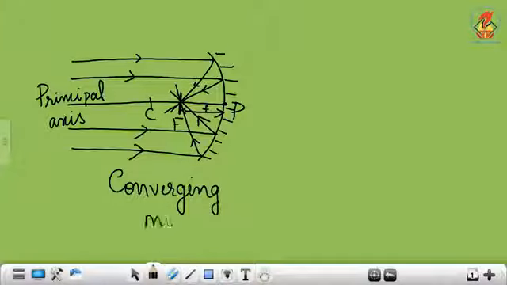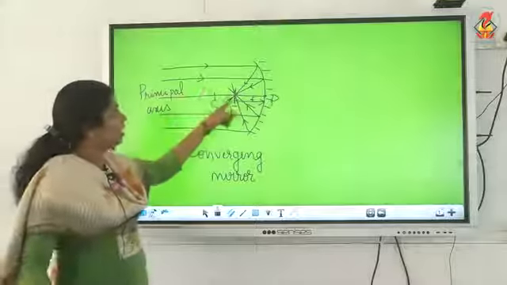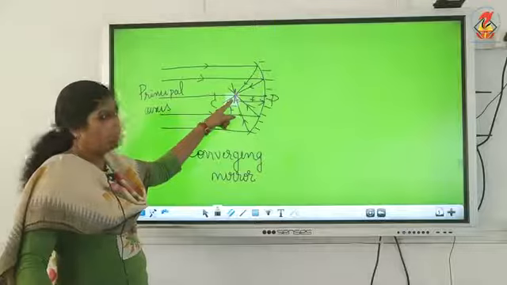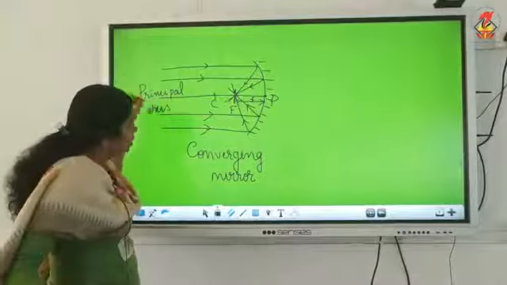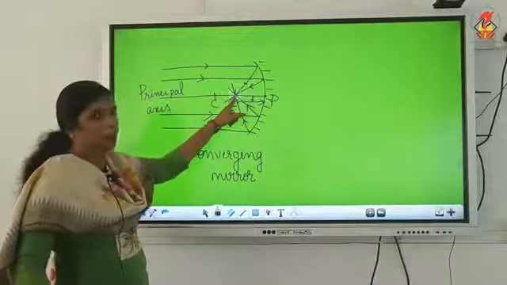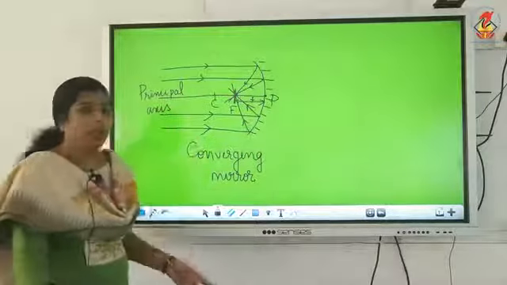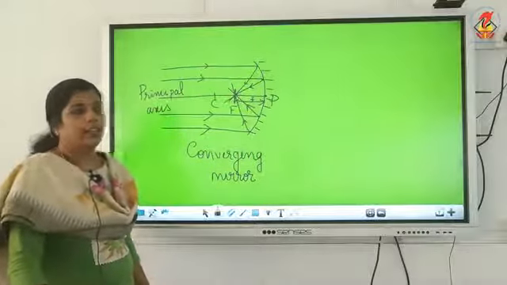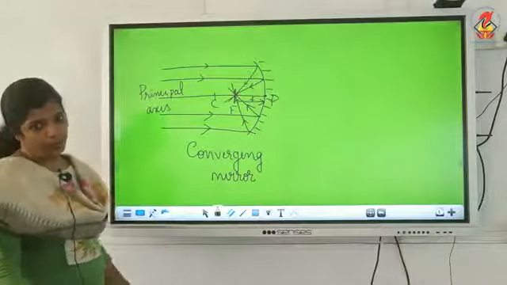A concave mirror is also known as a converging mirror because it converges all the light rays to a single point.